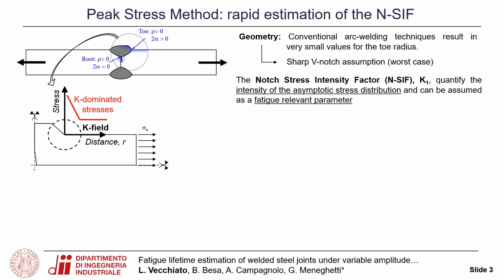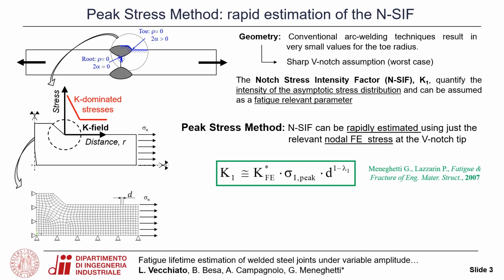Owing to this assumption, the external loads generate singular stress fields at the weld toe and at the weld root. In the framework of linear elasticity, the notch stress intensity factor quantifies the intensity of this asymptotic stress distribution and has been shown to be a fatigue-relevant parameter.